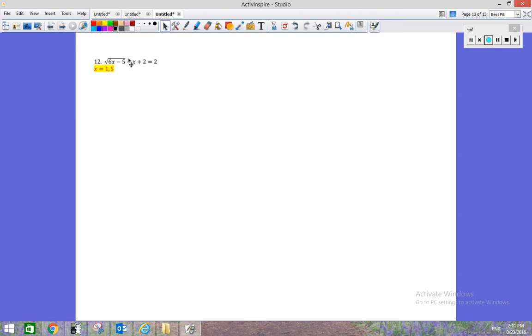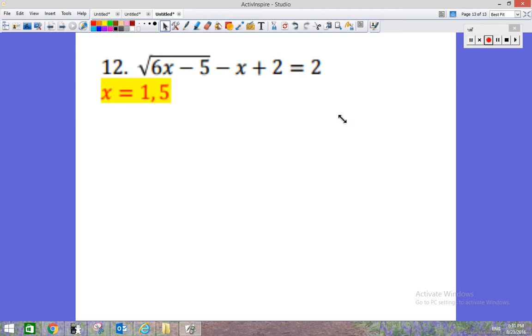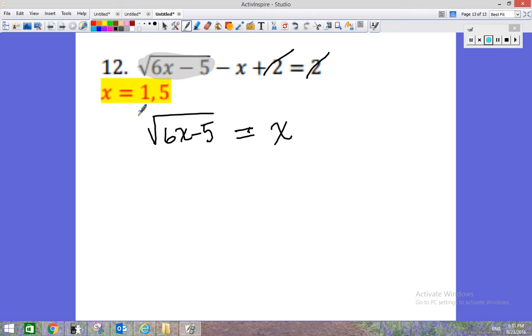For number 12, we don't have this radical by itself, so we need to move these other things to the other side. When we subtract 2 from each side, those are going to cancel, and we have the square root of 6x minus 5 being equal to x. We square both sides. 6x minus 5 is x squared.